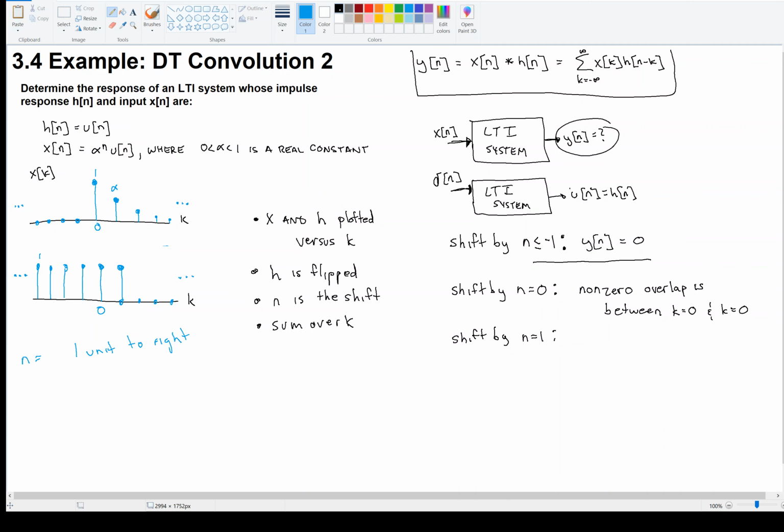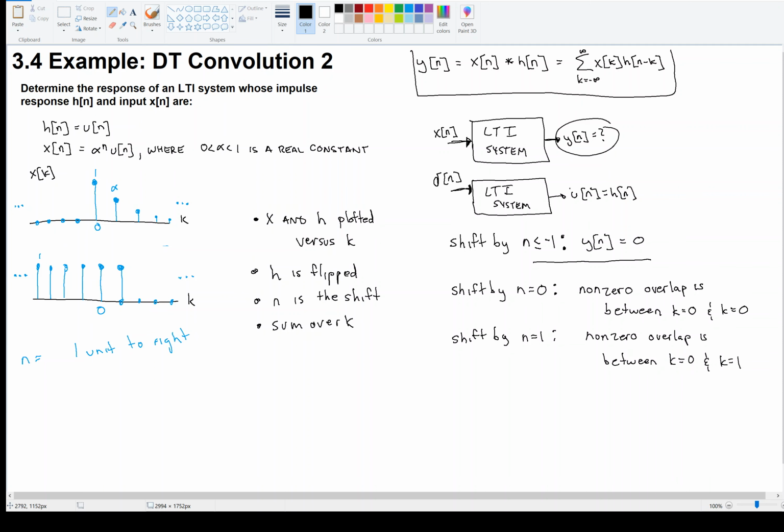Now the non-zero overlap, hopefully you agree with me, is between 0 and 1. So I'll write that down. The non-zero overlap is between k equals 0 and k equals 1.